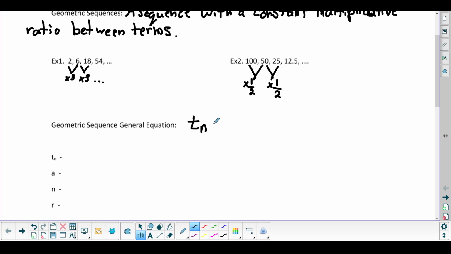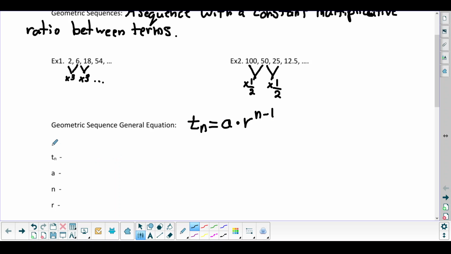So the term is equal to a times, I'm going to use a dot to denote multiplication here, r to the power of n minus 1 in the exponent. Okay, so notice that the n minus 1 is in the exponent. For BEDMAS, we have to deal with that exponent subtraction first.